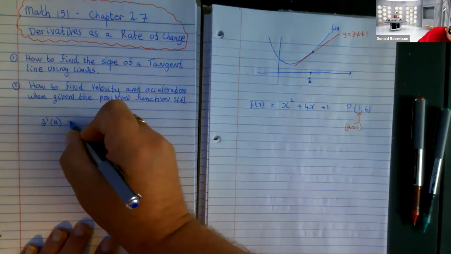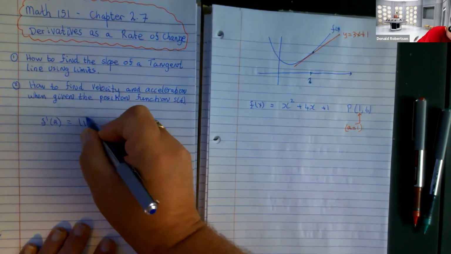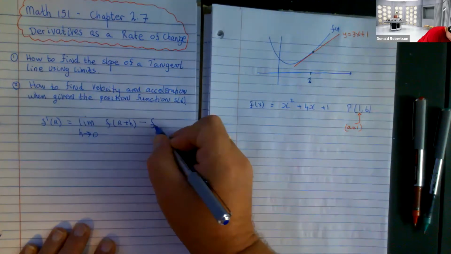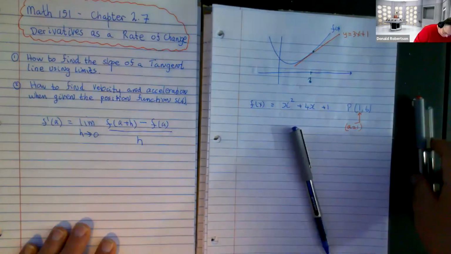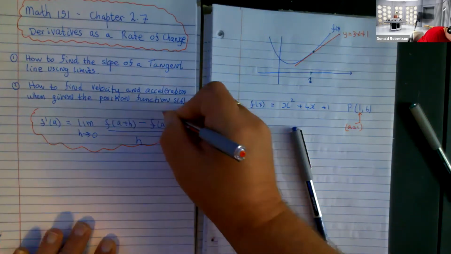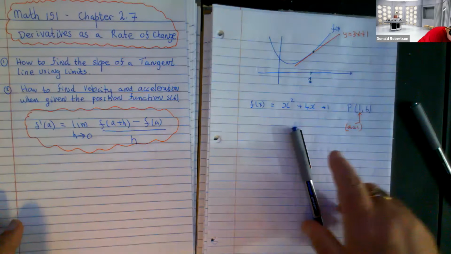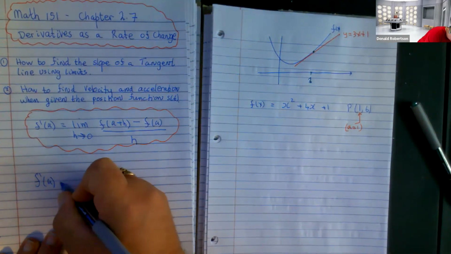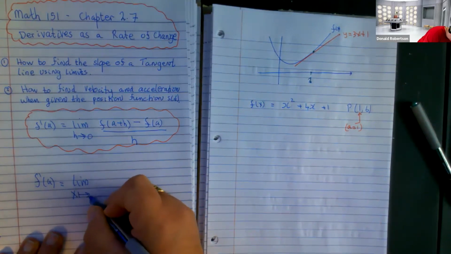You can find the slope of the tangent line at any given point A by using that formula. You can also find the derivative by using the second formula.